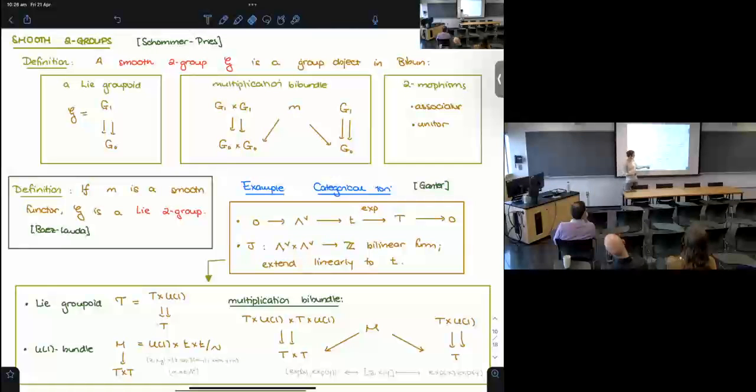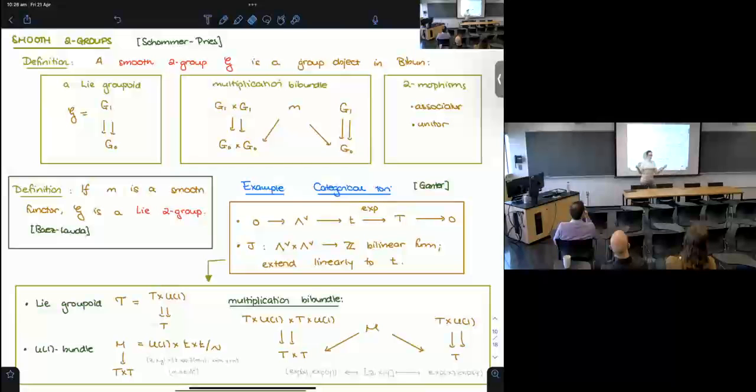So we have U1 cross Lie algebra cross Lie algebra, and we impose an equivalence relation, which is very tiny here because it's not that important for us, but it comes from J. And so now we get a non-trivial principal U1 bundle over T cross T, and it fits nicely into here. And that's our multiplication.